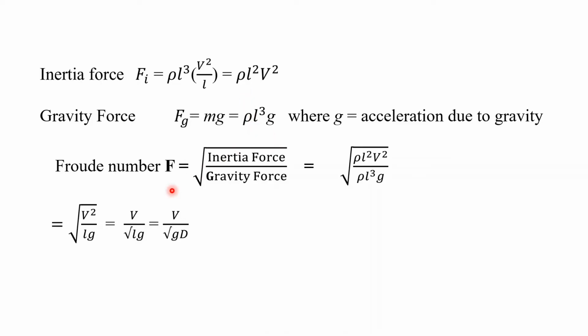So, Froude number equals square root of rho L square V square by rho L cube into g. Cancelling all the common elements, we get Froude number equals square root of V square by Lg, which is equal to V by square root of Lg. If we write d instead of L, which is the depth of flow, Froude number becomes V by square root of g into d.